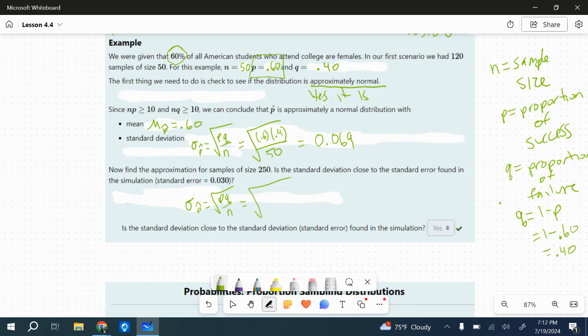So I have 0.6 times 0.4 divided by 250 instead of 50. When I plug all that into my calculator, I got 0.0309, which would be 0.031. So are these close? Yes, they are.